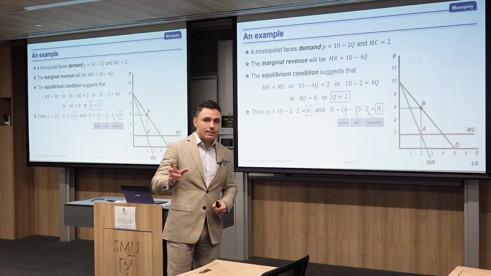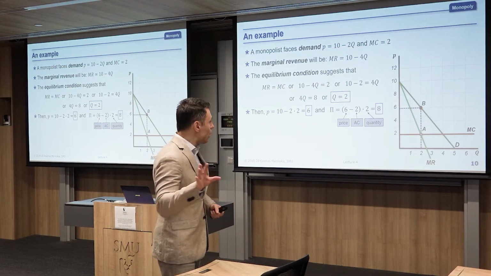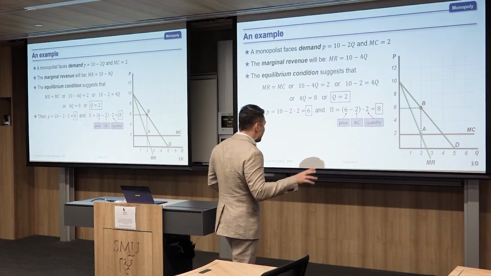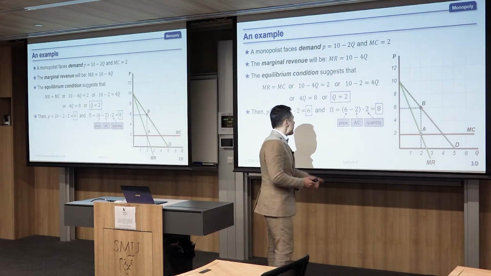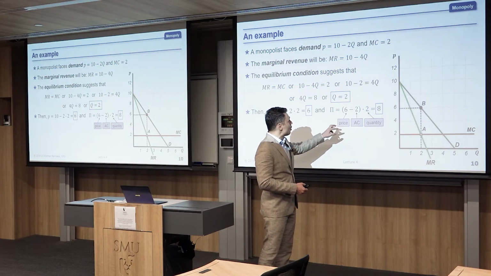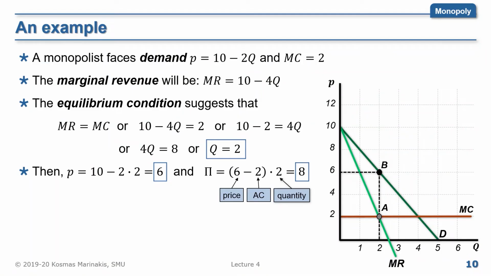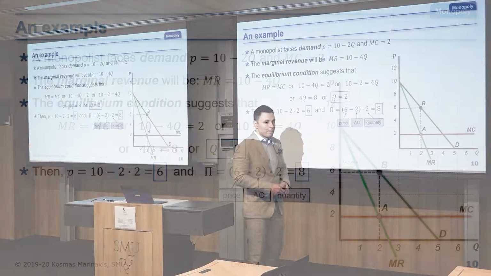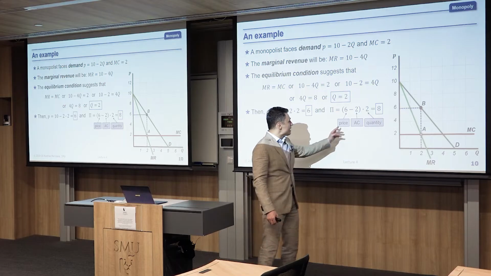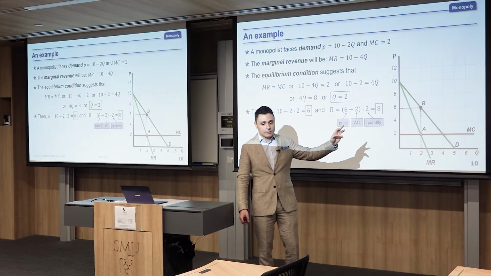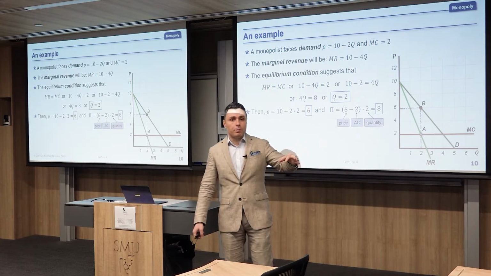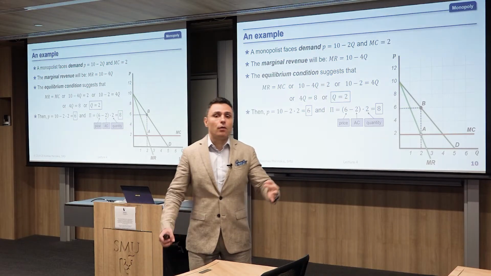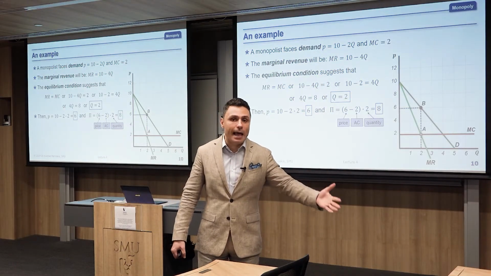Now, let's try to check here what is going on to not lose it. Why do we have AC to be 2? How do I know that? I know it because MC equals also 2. Now, why is my profit equal to price minus AC times the quantity? Because price minus average cost will be how much profit you gain for each unit you sell.